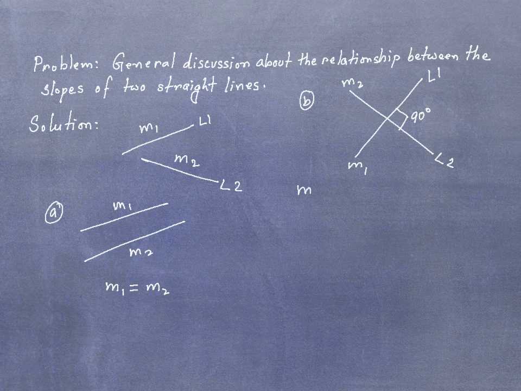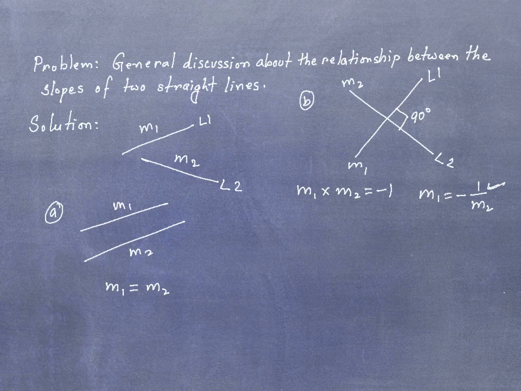In that case, the product of the slopes, M1 times M2, is going to be negative 1, which is an equivalent statement to M1 is equal to negative 1 over M2. That tells me that one of the slopes is the negative reciprocal of the other. If two straight lines are perpendicular to each other, then the slopes must be negative reciprocals of each other.